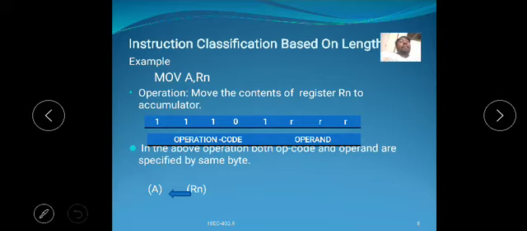In the above operation, both the opcode and operands are specified by the same byte. That is, the data or content is moved from Rn to the accumulator A register.